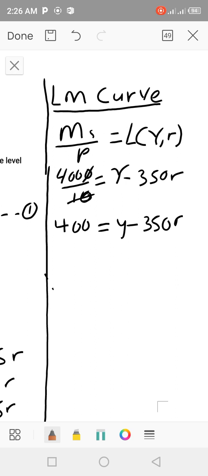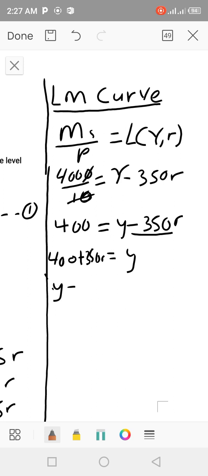Making Y the subject of the formula, this is our Y and this is our 400. Minus 350R goes to the other side, so we have plus 350R.